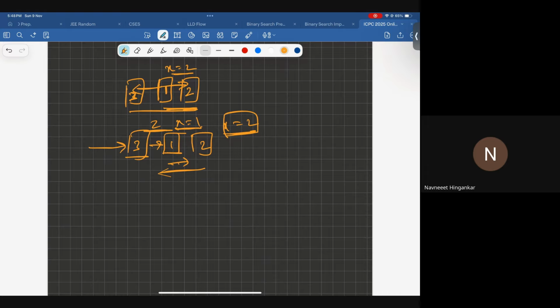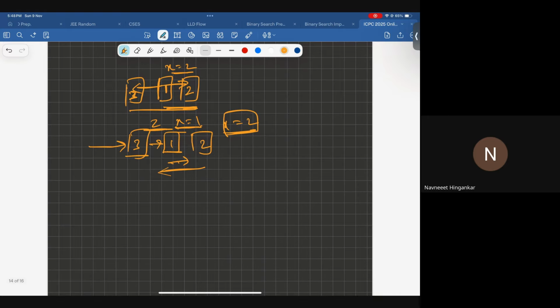Okay, let's make it more simple. Let's take a simpler case. The door key value is basically 1 and 2. When we are at x equal to 1, I can't use x equal to 1, something like that, like both of the problem variations.